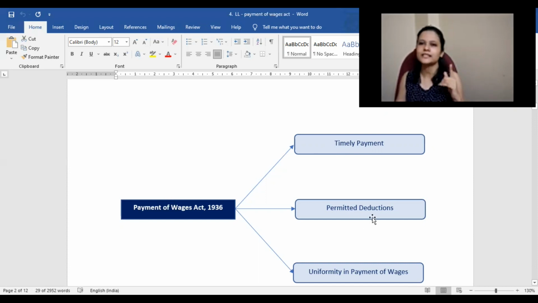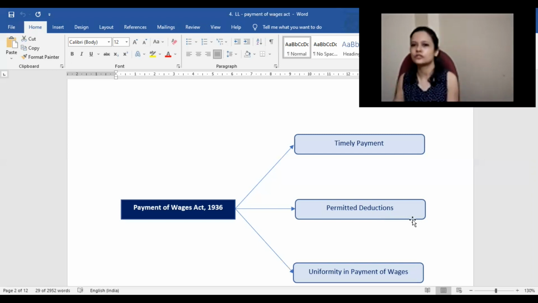Secondly, permitted deductions. Now, what are deductions? Someone working somewhere may be told, you have done this thing wrong, you have done that thing wrong, so there will be this deduction, that deduction. Finally, 70% of the salary might be deducted, or 90%, and you take the remaining 10%.